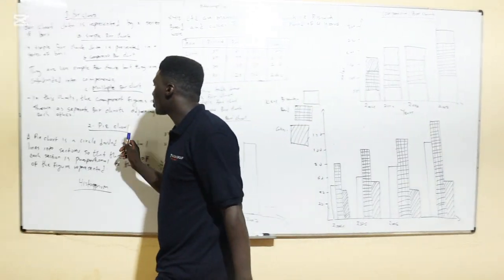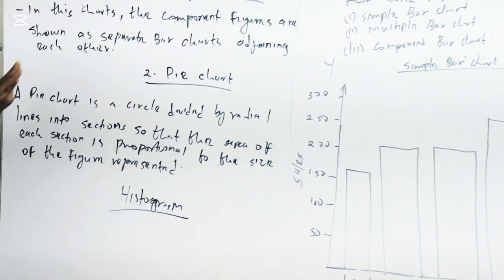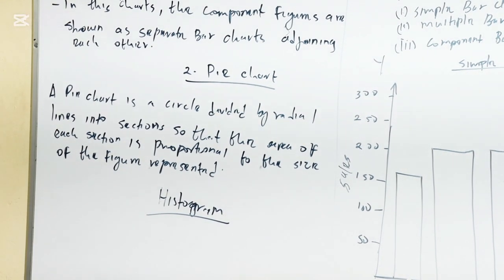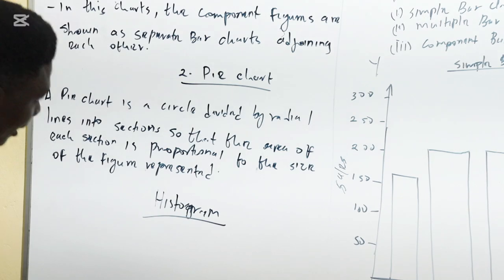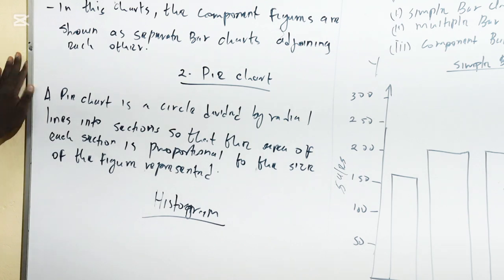Number 2, we talk about pie chart. I'll define it, then I'll do the practical part of it. Now a pie chart is a circle divided by radial lines into sections so that the area of each section is proportional to the size of the figure represented.